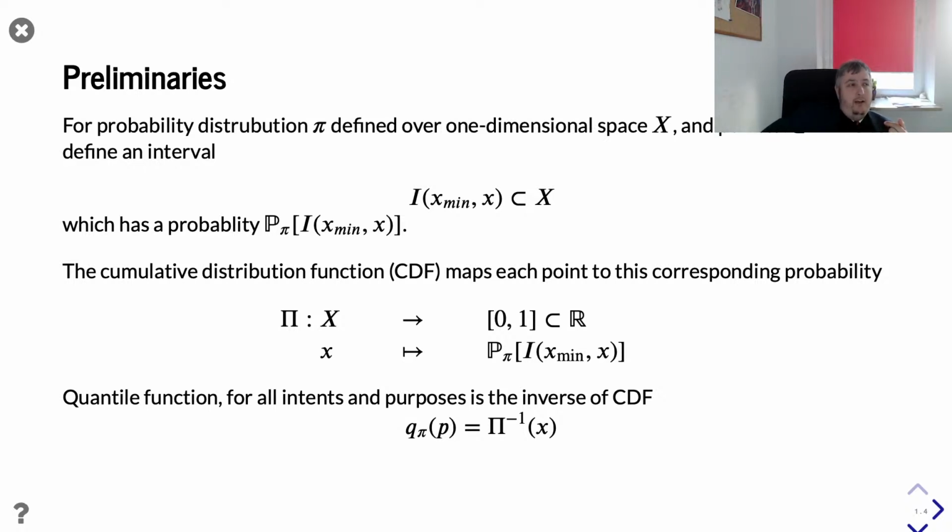The quantile function, for all that we really need, is an inverse of the cumulative distribution function. It is a bit more difficult, but for practical purposes we can focus on that. This is just an inverse of the CDF.